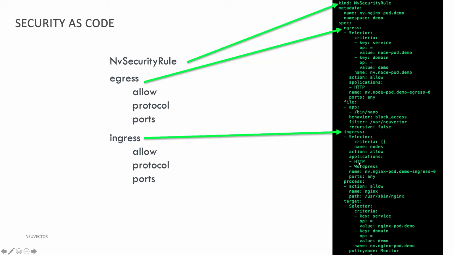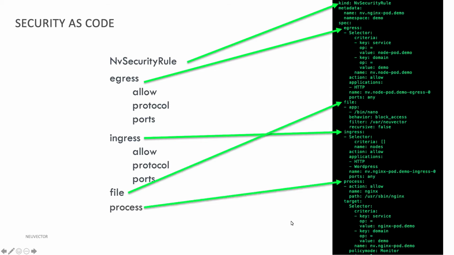You can see protocols, HTTP and WordPress is allowed into this pod. Here's the processes that are allowed in the container, Nginx processes, it looks like. File activity, so what type of file activity is allowed in the container. All of those are expressed in a very human readable, typical Kubernetes YAML file. And what mode should this be in: monitor, protect, or discover when we run it?